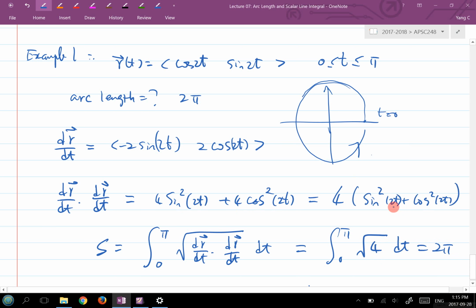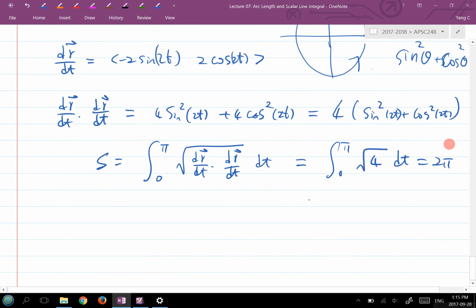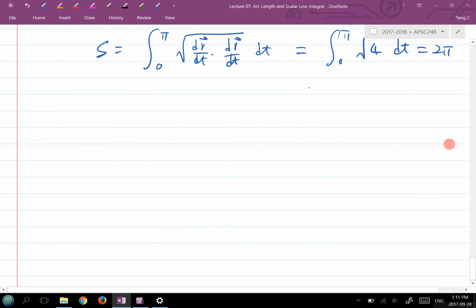It doesn't matter whether it's 2t, as long as it's the same angle in both. Theta could be 2t, 3t, could be anything. Good, so that's the arc length.